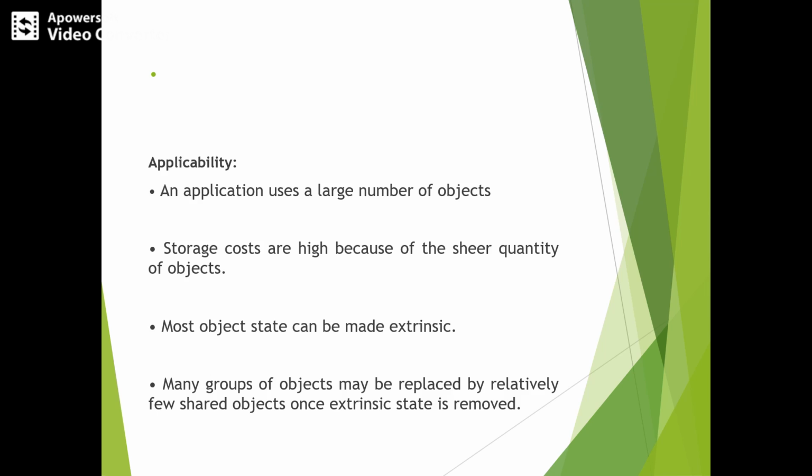In the extrinsic, non-shareable case, the storage cost will come down to a low level, because the quantity of objects matters. So most object state can be made extrinsic, and because it is non-shareable, we can directly communicate with the fine-grained object. This should be a true case when we apply this pattern.